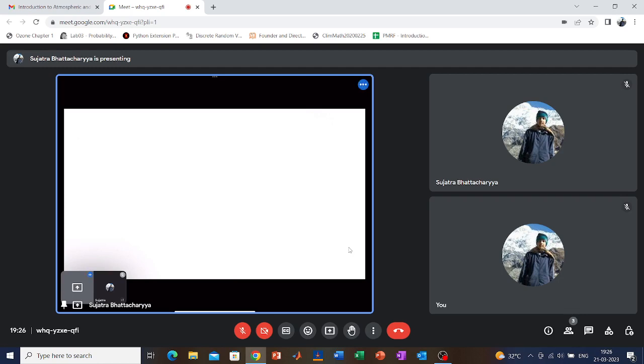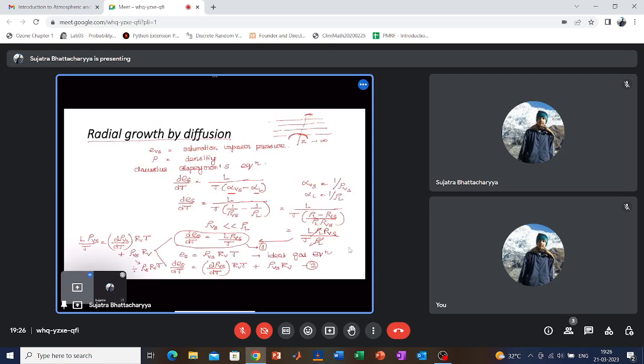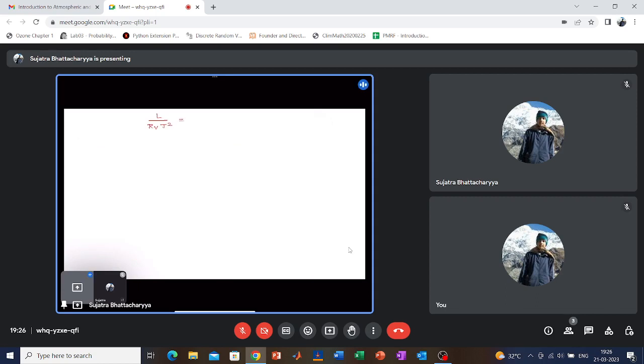On doing that, what we get is L divided by Rv T square, because you have divided from here, rho Vs cancels out, so Rv T square will be left out. That will be equal to d rho Vs by dt, 1 by rho Vs, there is an Rv T, plus rho Vs divided by rho Vs Rv T, and there is an Rv. So rho Vs Rv is out.